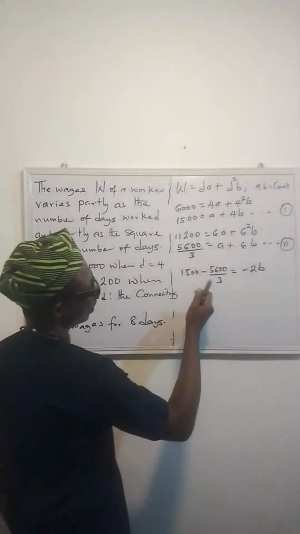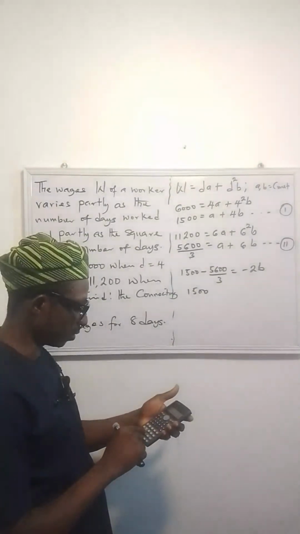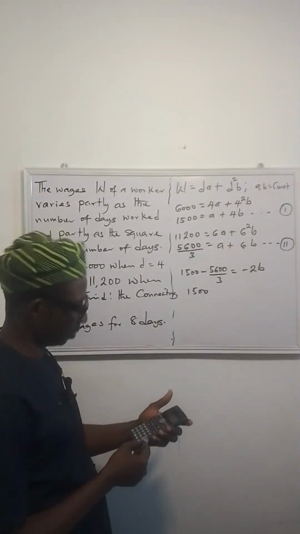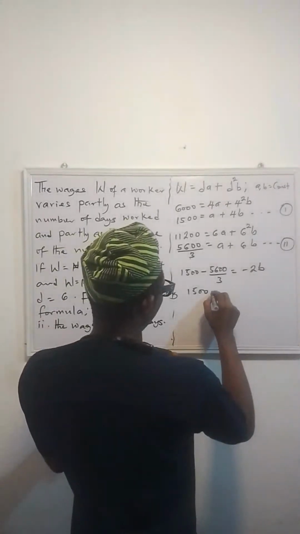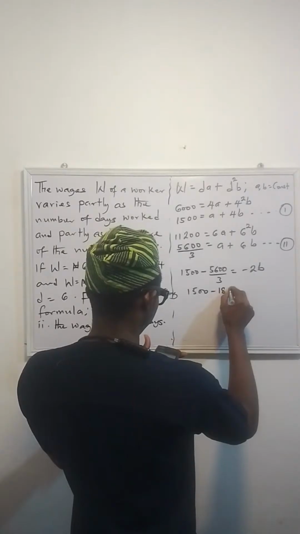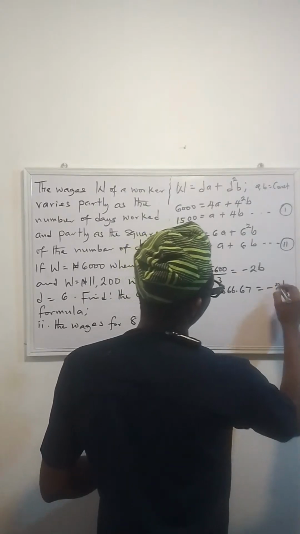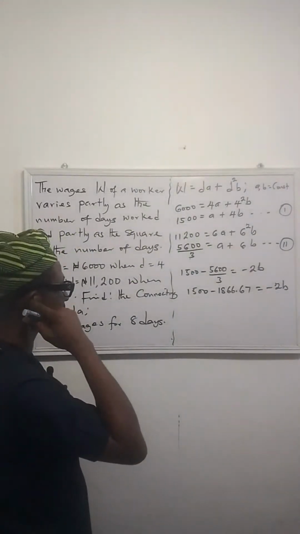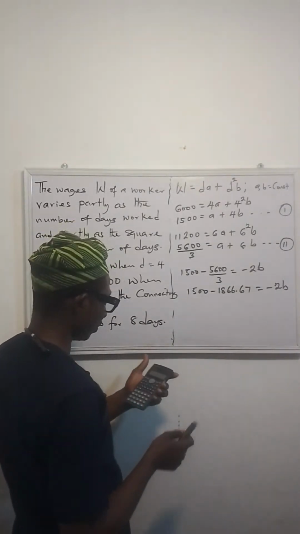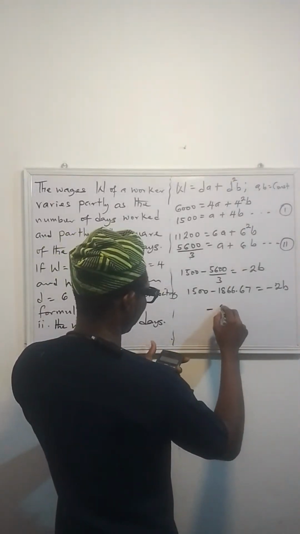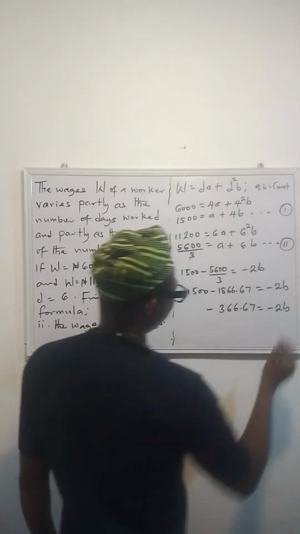Now let's convert this one to decimal. 5600 divided by 3 is 1866.67. So when we subtract that from 1500, we have minus 366.67 equals minus 2B.